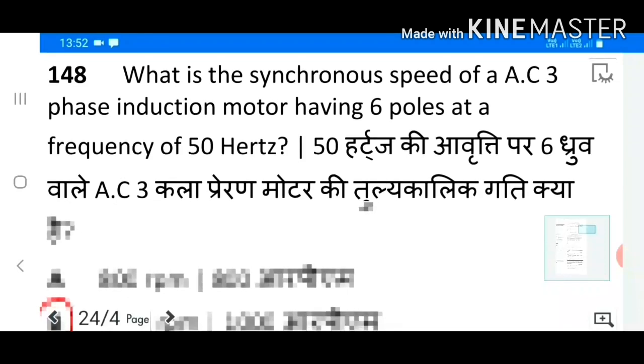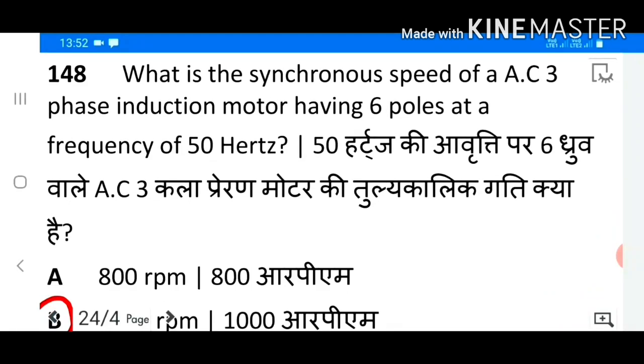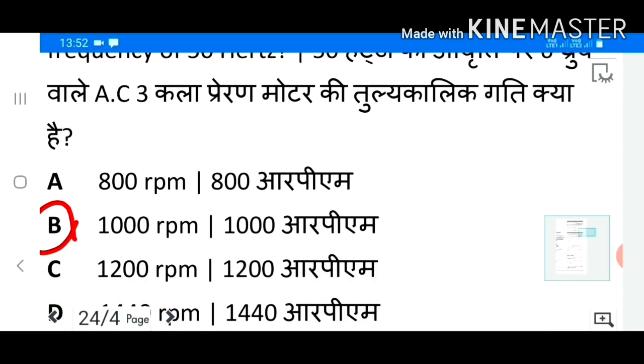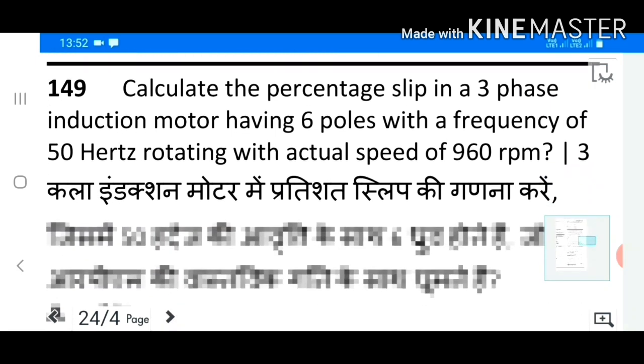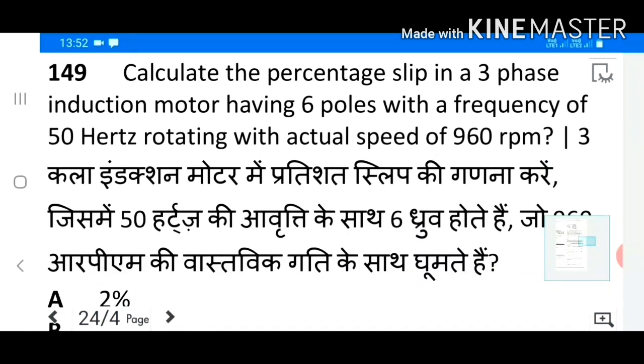148. What is the synchronous speed of a AC 3-phase induction motor having 6 poles at a frequency of 50 Hz? Answer B. 1000 RPM. 149.